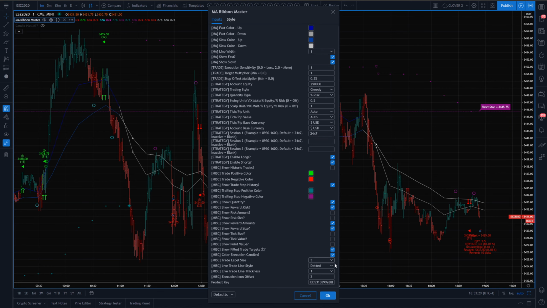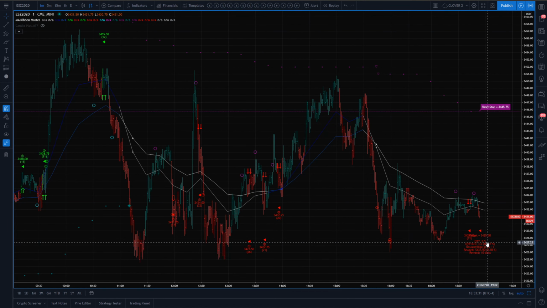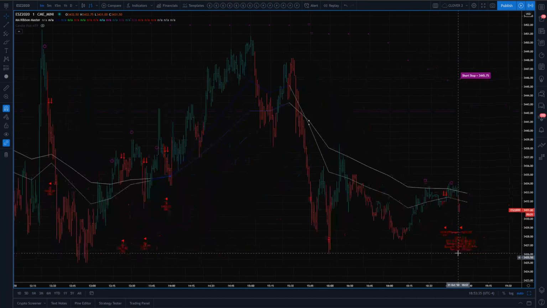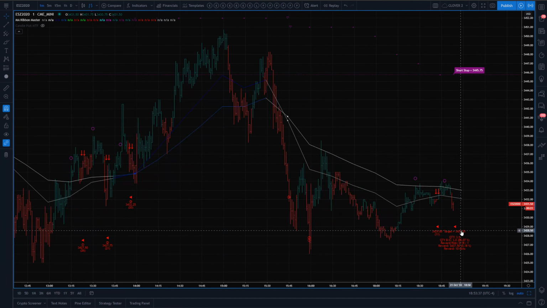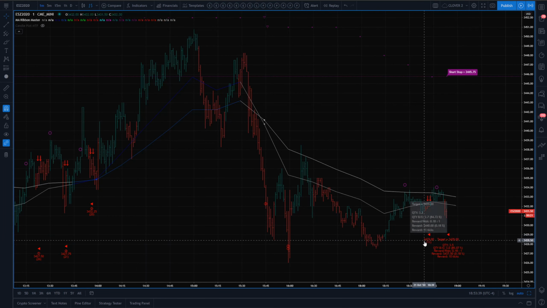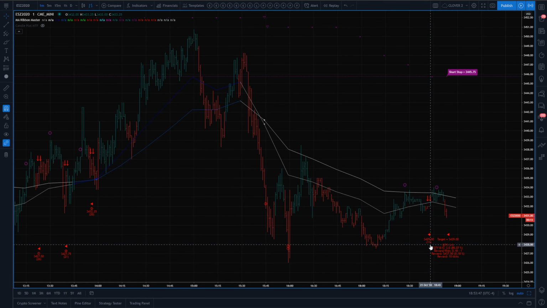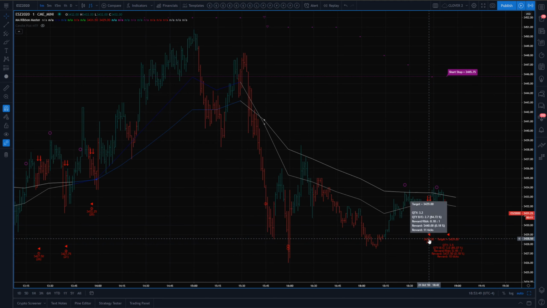If you turn this on, every single trade will get the full text that was associated with that trade. So just now, the text of the previous trade disappeared, and it was replaced by the more condensed version that just shows the ticks of profit, so 11 ticks of profit total, and the target. The actual old full text of the settings is shown as the tooltip when you hover over the text.